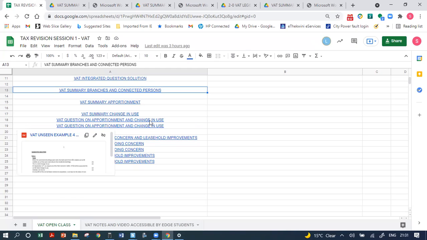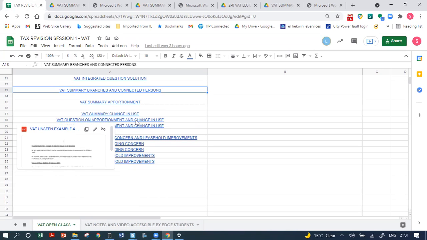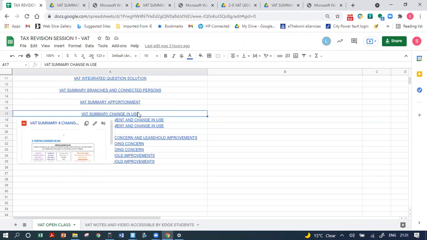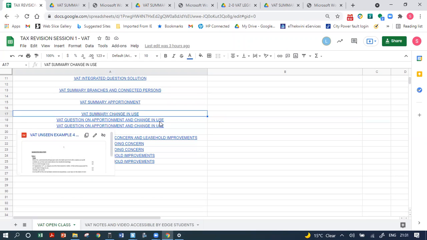You guys can practice it, and you can look at the video that I will post there for the solution itself, if you want to have a look at a nice discussion question on VAT apportionment and change in use. Again, this is an exam question that has been set for another varsity. It's at proper exam level, and it'll show you whether you understand how to do apportionment and change in use if you want to practice on one.